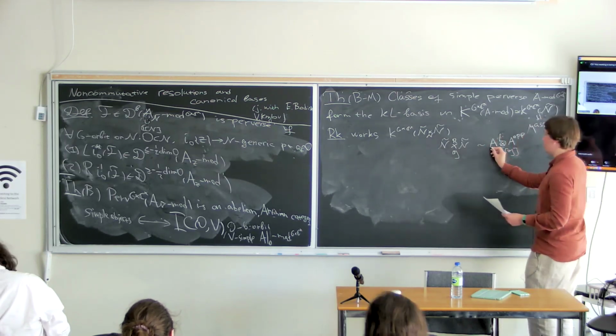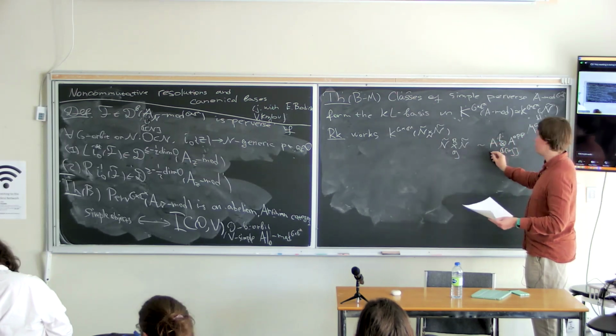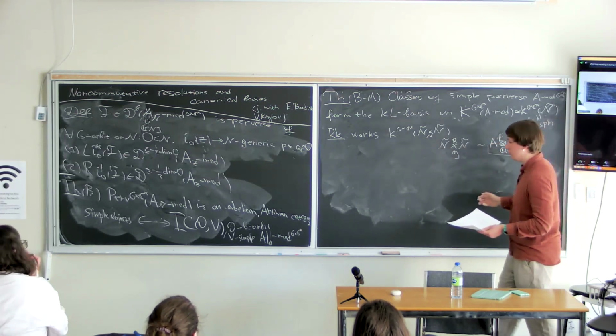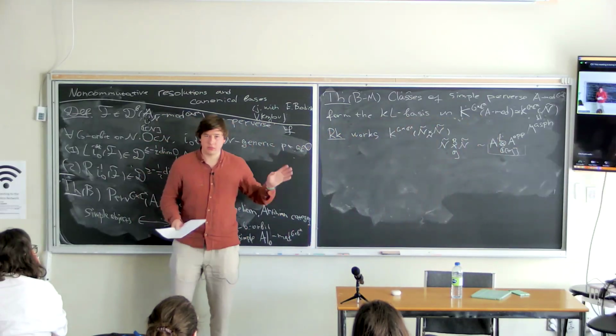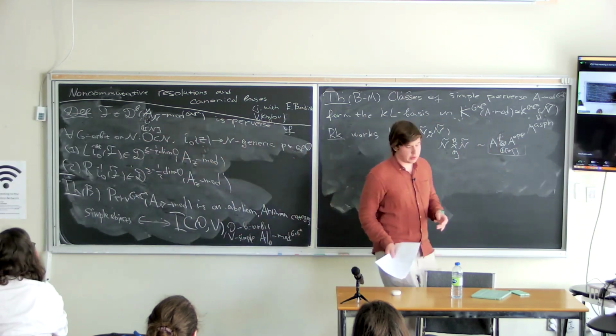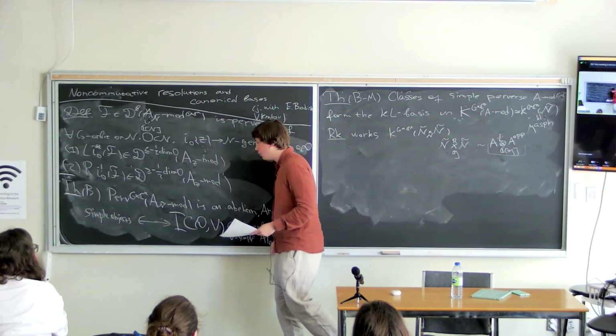And again, you should take simple perverse modules over this algebra on the important cone, and it will work out. But it's the same construction, just more technically involved. So that's why I explained it for the resolution.